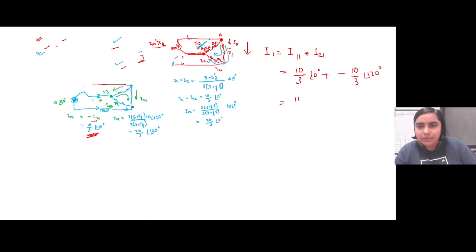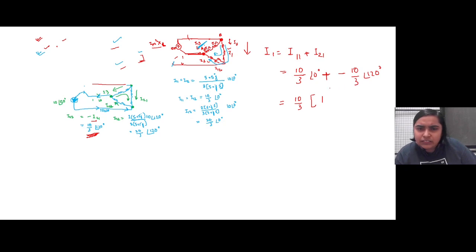So just take 10 by 3 common, and this can be written in terms of a plus bj. Since we have to add it, cos 0 is 1, sin 0 is 0, so it is gone.